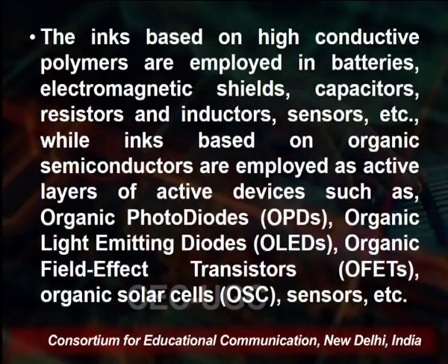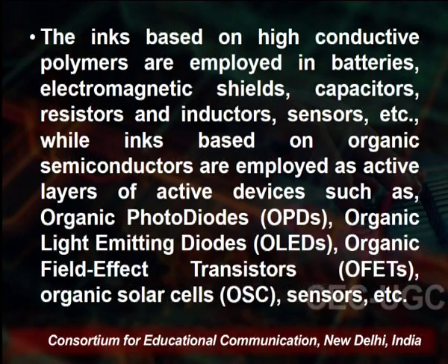So organic inks are based on organic material such as polymers, conductors, semiconductors and dielectrics. So the inks based on highly conductive polymers are employed in batteries, electromagnetic shields, capacitors, resistors, inductors, sensors, etc., while inks are also based on organic semiconductors.